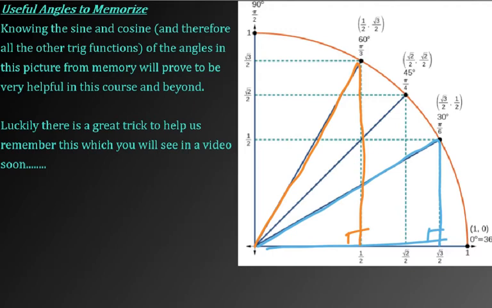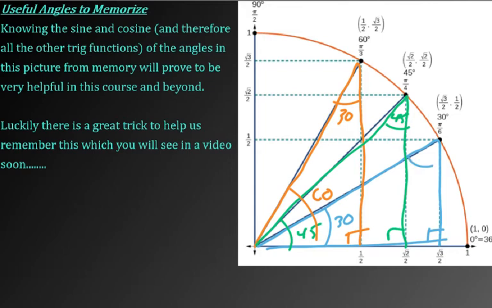All of these are right triangles, and you always draw it so the right angle is down on the x-axis. This one is a 45, 45, 90. This is a 60 degree, whereas up here it's 30. And then this blue one, this is 30, and this is 60, okay?